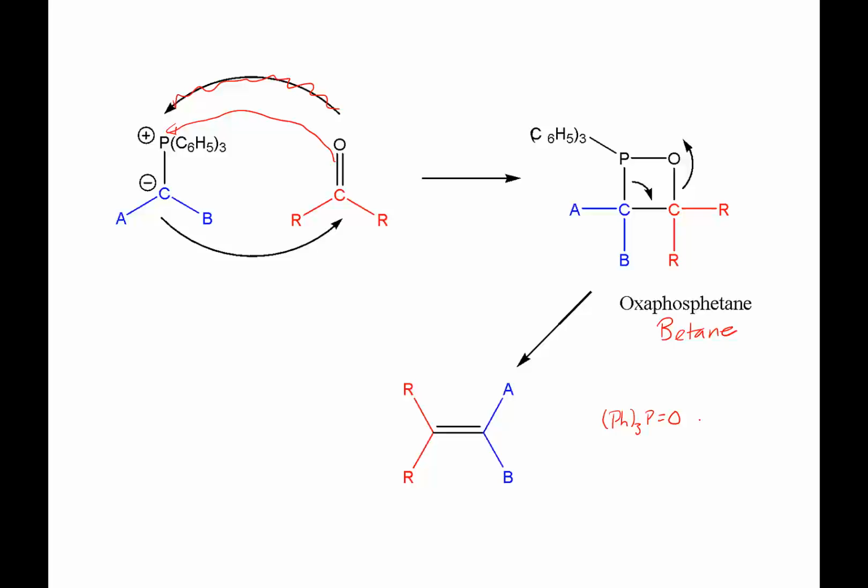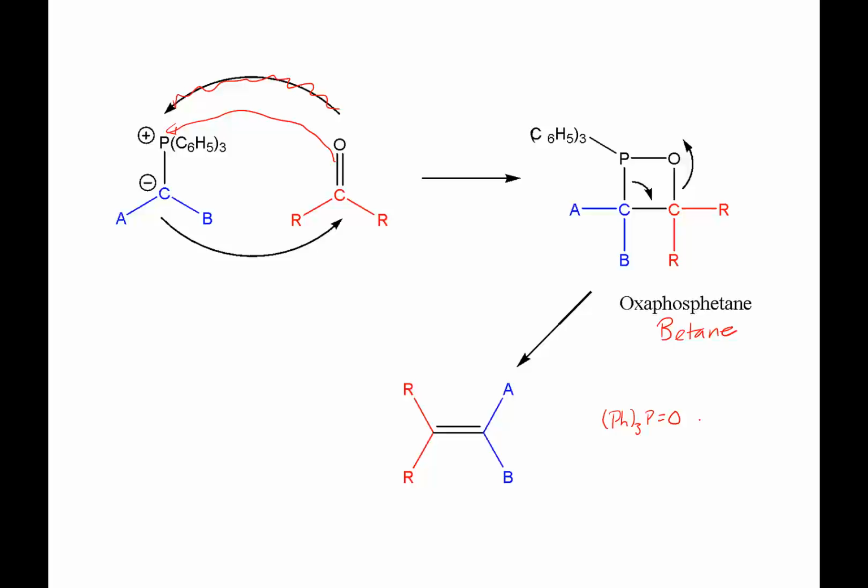The right half, some other team's going to work on synthesizing. And when the one team gets the ketone or aldehyde and the other team gets the alkyl halide, we'll go ahead and use a Wittig to couple those two big groups together. The same way you would with Heck coupling or Suzuki coupling or even Gilman, the Gilman reagent. So that's the importance of the Wittig reaction.